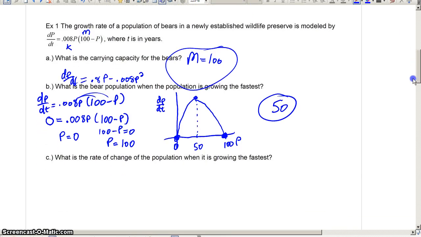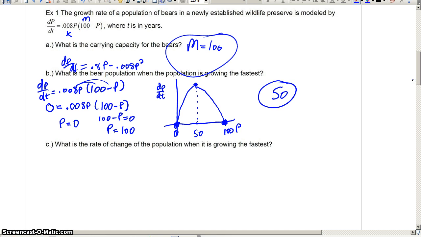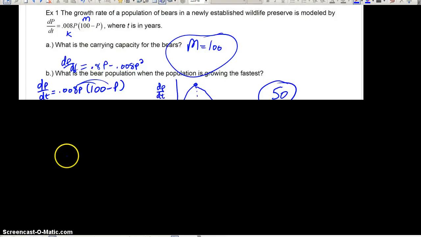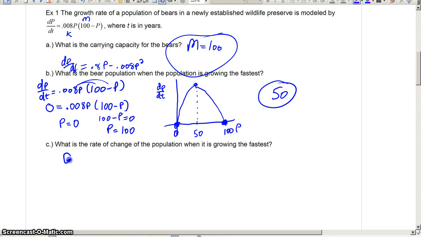Okay, well, in any event, for C, what is the rate of change of the population when it is growing the fastest? So it grows fastest at P equals 50.